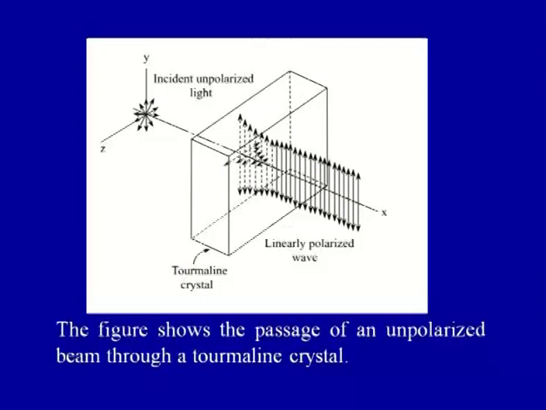Tourmaline is a dichroic crystal. This figure shows the passage of an unpolarized beam through a tourmaline crystal.